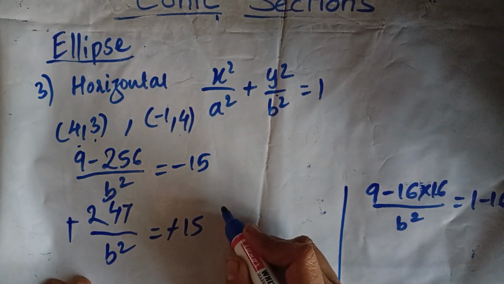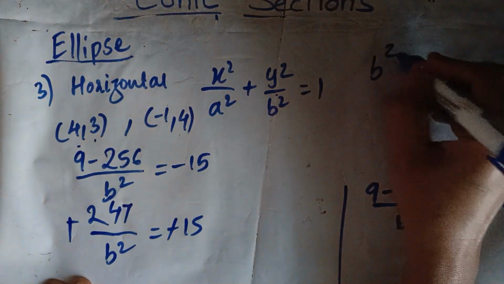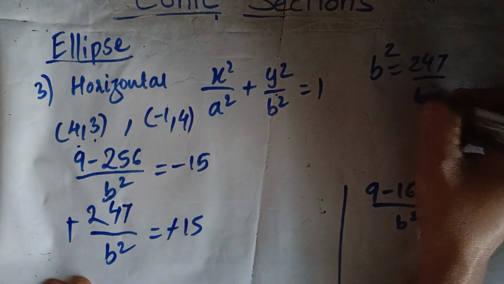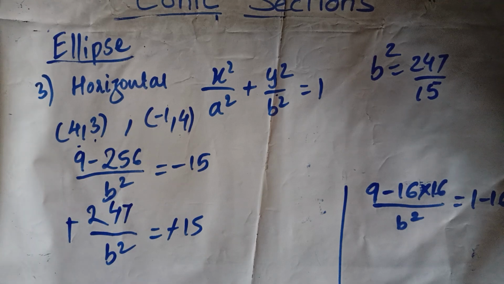So b square is 247 upon 15. Okay, this is b square.